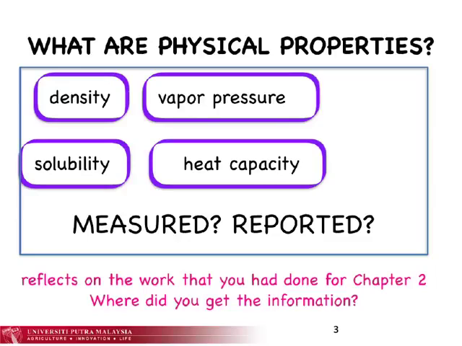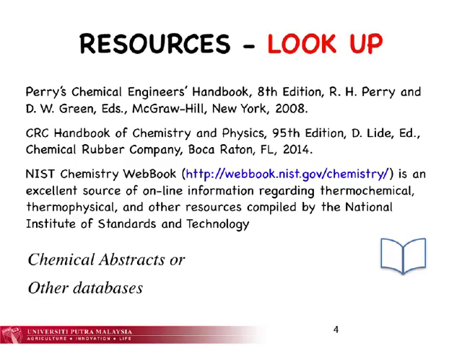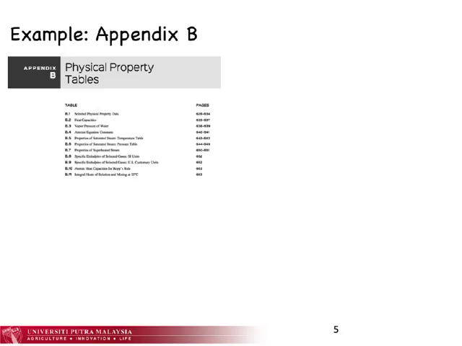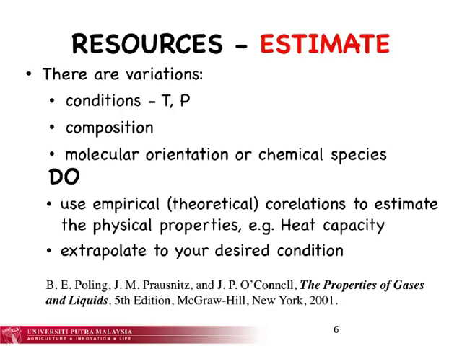The easier way to find their values is based on the reported values, as in your previous exercise in Chapter 2, where you get all the information from handbooks, journals, or any other technical publication. Since there are always variations, either in the form of chemical atoms or species or the operating condition, the actual physical property values of a system cannot be fully obtained.